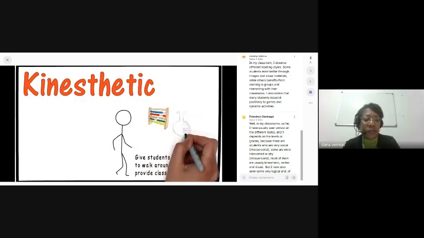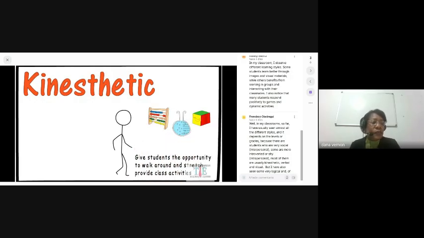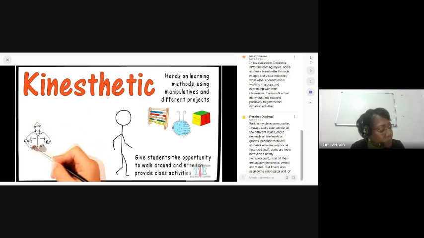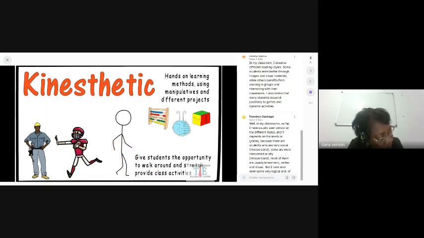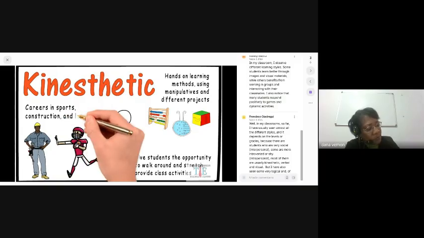Now, some courses are better designed to allow teachers to provide kinesthetic activities in the classroom. When it comes to instruction, incorporate hands-on learning activities, use manipulatives, and different projects. These are the students you will find playing a number of different sports, and they are very physically active. These students will pursue careers in sports, labor, and in construction.